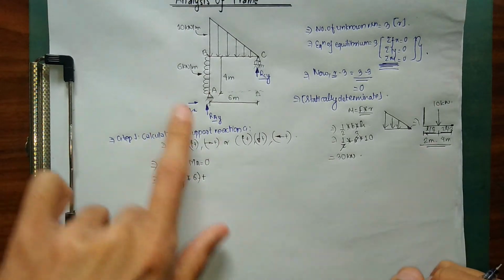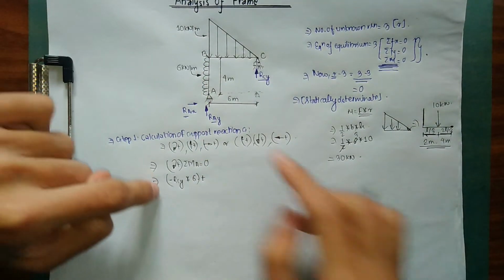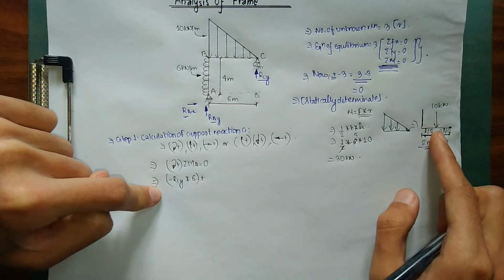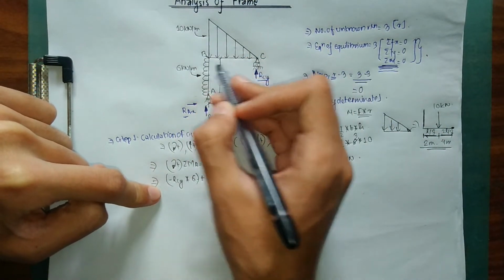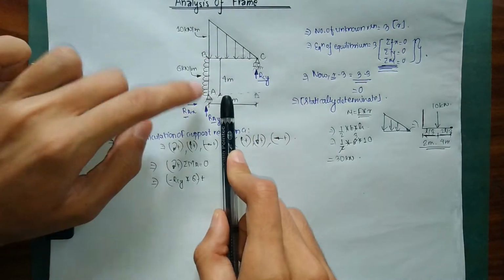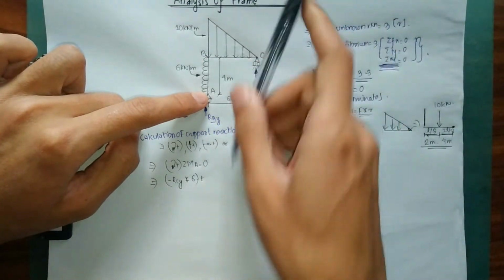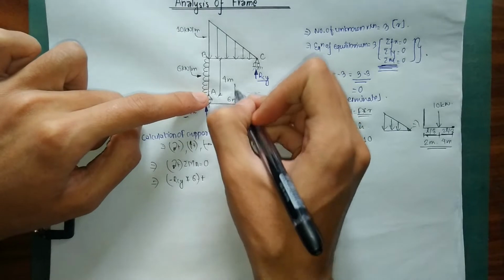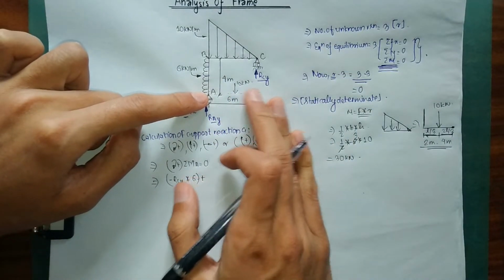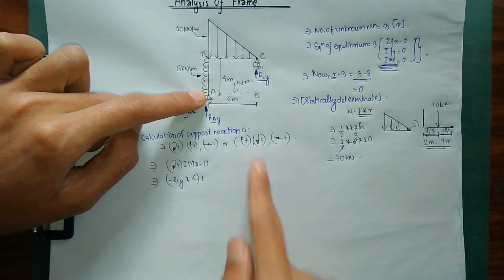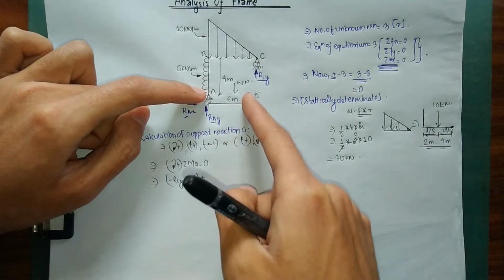Now we're going to calculate the moment of this as well. Let me use the same concept as for C. For this UVL, let me shift it downward with respect to point A. As you can see, if I shift it downward, it's going to act this way, just to make your work easier and to understand how the moment will act.